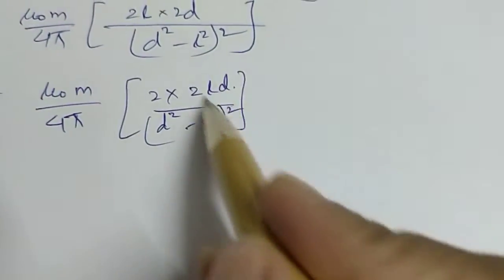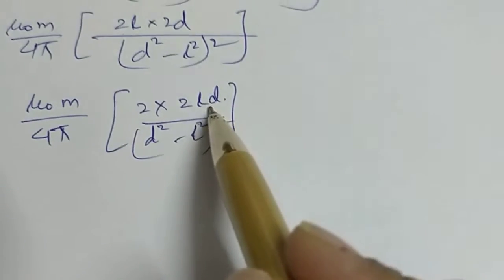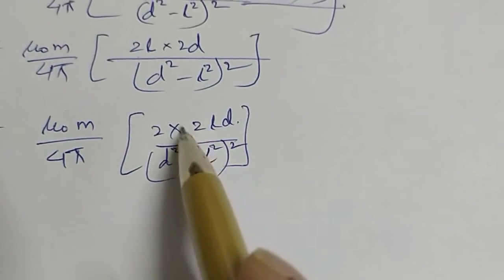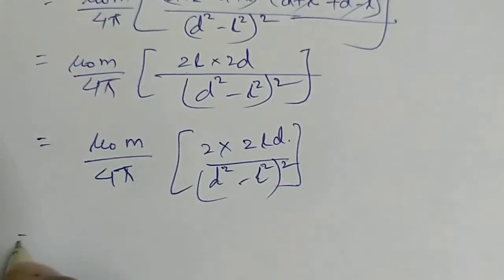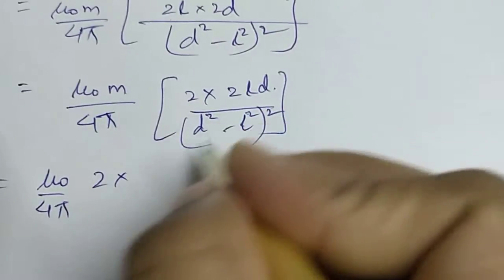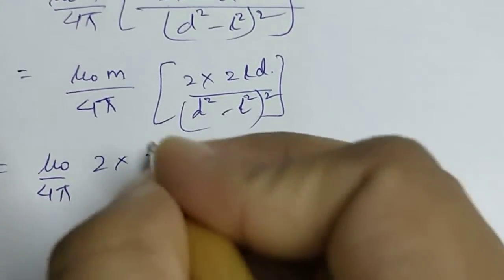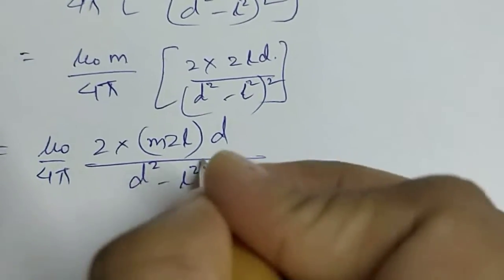Now, if I take this 2L and combine it with m, what do we get? This m into 2L, and this d remains here, over d square minus L square whole square.